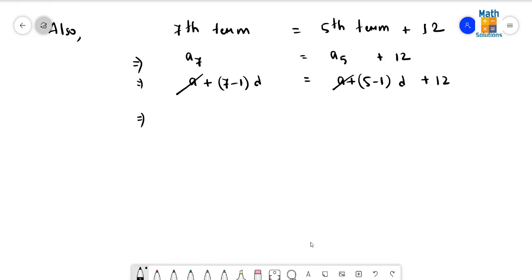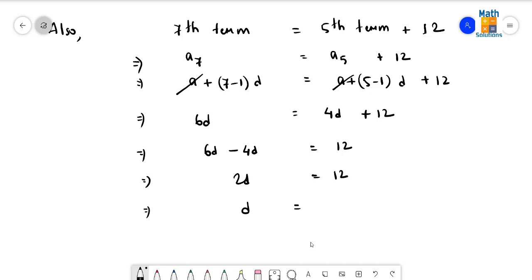So after this, what can I write? A on both the sides got cancelled, and I got here 6d is equal to 4d plus 12, and then after 6d minus 4d is equal to 12, and then twice d is equal to 12, and after that d is equal to 12 by 2.